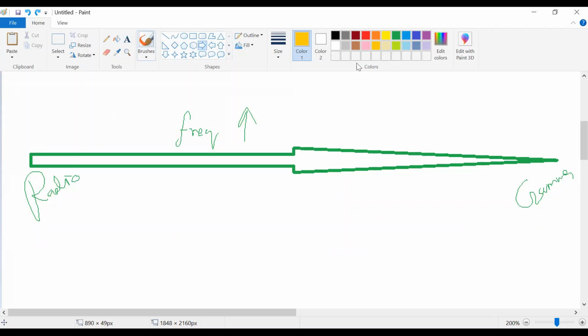When I want to tell about the wavelength from radio to gamma, the wavelength is going to decrease. Okay? This is all you need to understand, son. When you go from radio wave to gamma waves, frequency increases but the wavelength decreases.